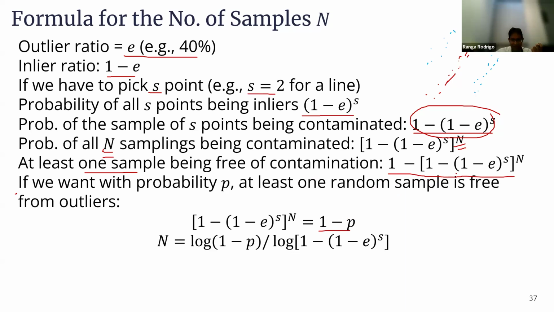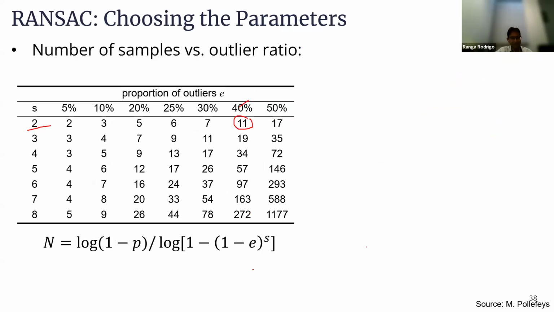At least one sample being uncontaminated should be p. This is p. So you can see now when you take p to the other side, you get this formula. Then by taking the logarithm, you can get this. Therefore, if you know the outlier ratio, that is e, and if you know with what probability you want the sampling to have at least one outlier-free sample, you can compute capital N, how many times you have to do sampling.